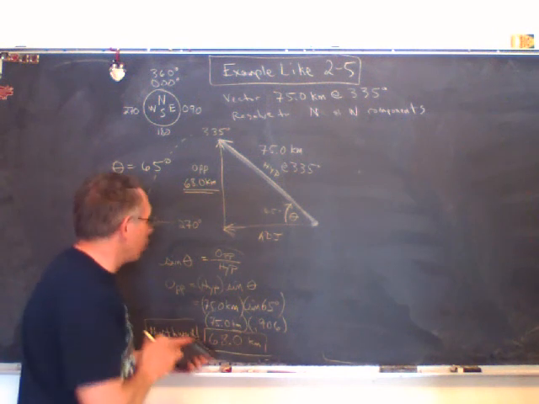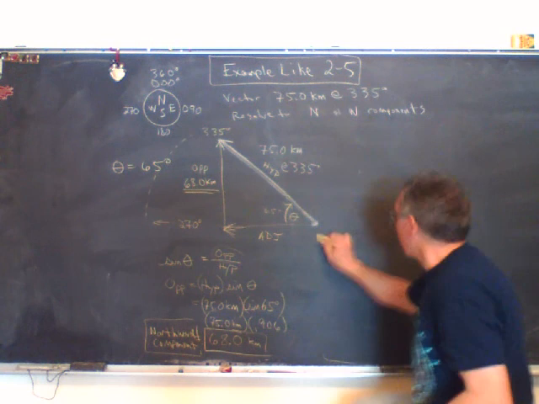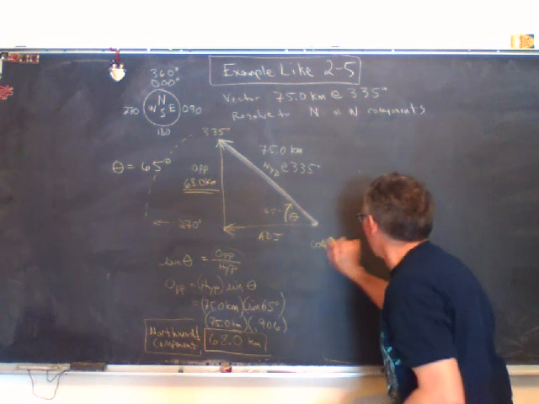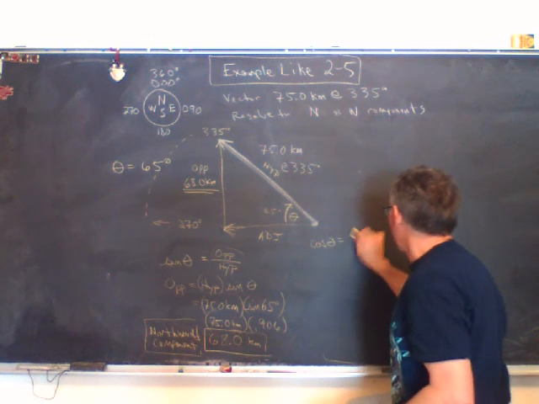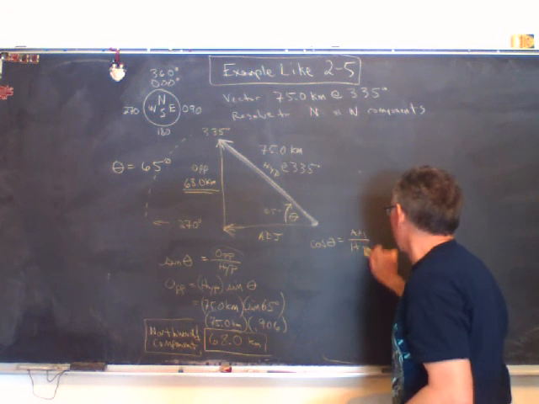For the adjacent, remember CAH, the cosine of theta is equal to the adjacent over the hypotenuse.